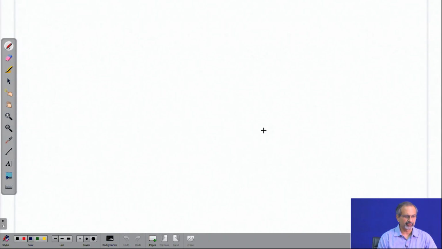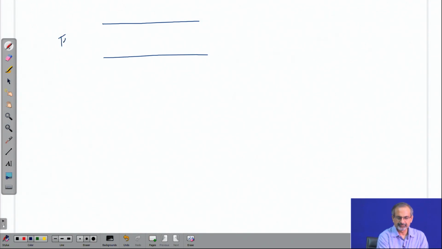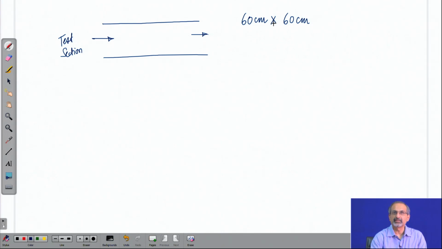To begin the calculations, we will look at the test section. Let us say the flow is moving from left to right along the test section, and we will assume some dimensions for the test section. Let us say it is a 60 centimeter by 60 centimeter square test section.